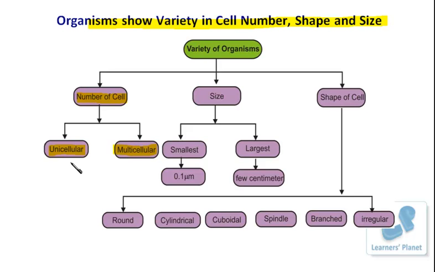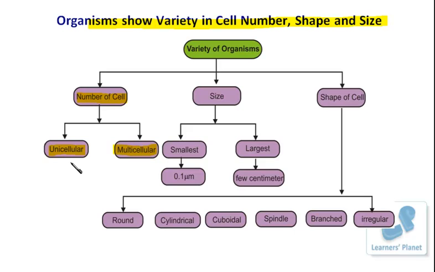These different structures work together to maintain life. So you can imagine that there is a distribution of work among the groups of cells, right? And such distribution of work among different groups of cells is known as division of labor.